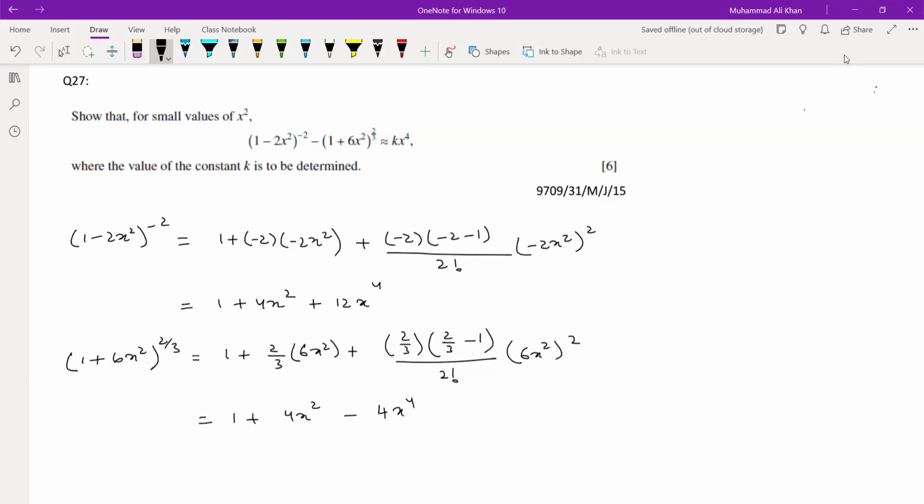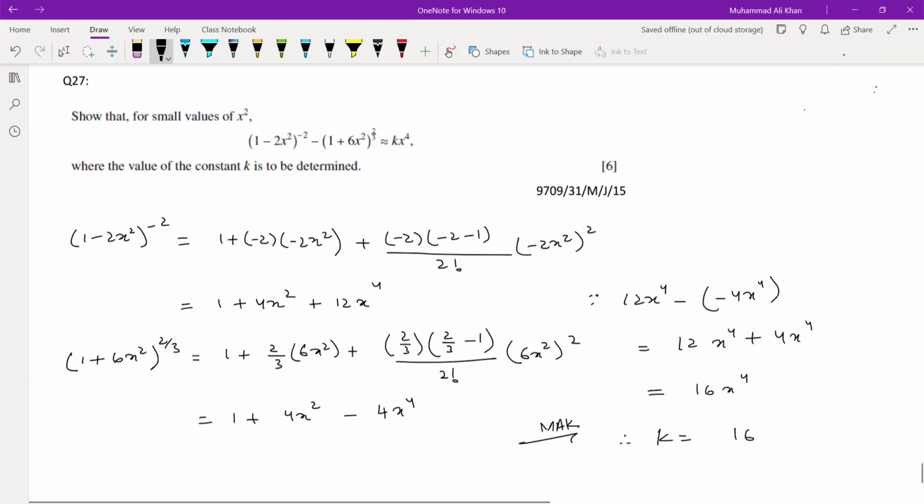Now we have to subtract both of them. What is the power 4 value in the first expansion? 12x power 4 minus (minus 4x power 4), so it will be 12x power 4 plus 4x power 4, and the answer is 16x power 4. Therefore, we can say that the value of k is 16. Are you clear? A simple question of 6 marks.